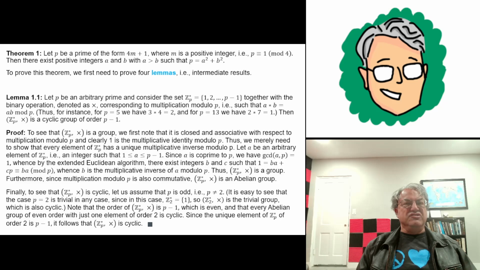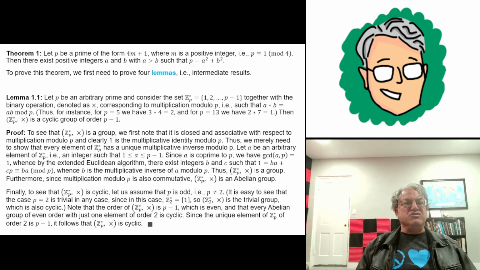Abelian groups that aren't cyclic, you can write them as a direct product of cyclic groups. And if your group has even order, it turns out that you're going to get more than one element of order 2. You'll have to trust me on that, but it's true. And the last thing you just have to note is that this particular group we're defining here does have a unique element of order 2, namely minus 1 modulo P, or P minus 1.